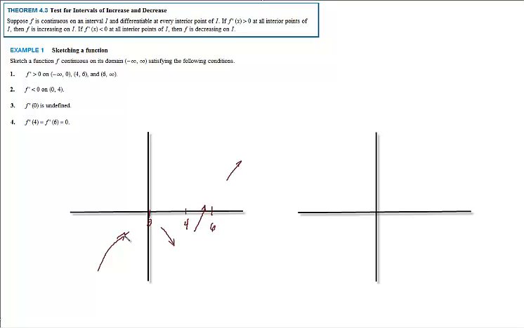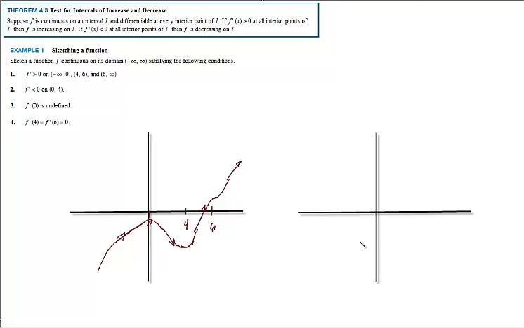Since it's continuous, it's probably some sort of corner, so we'll just do this. At 4 and 6, the derivative is 0, so it kind of does this right here and changes direction there. And it's going to do something like this, where it levels out and then still goes back up.